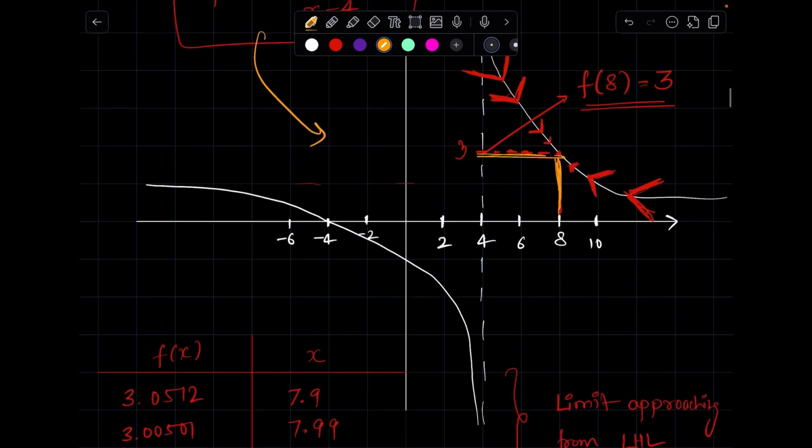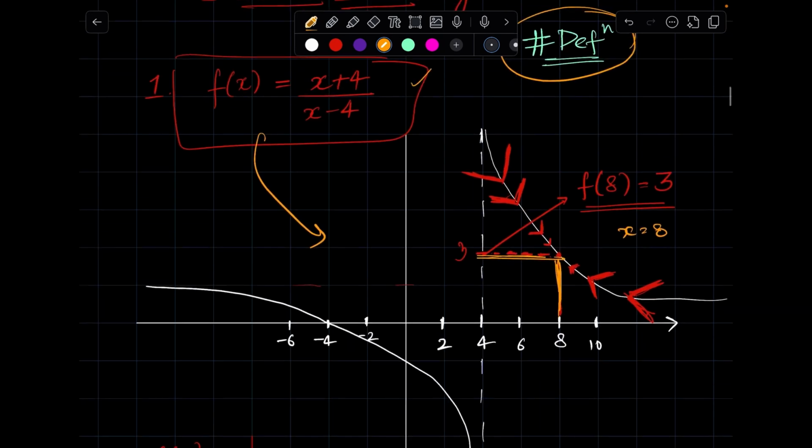First, let's take a point on the graph. Let's take x is equal to 8. So if you put 8 in f of x, we'll of course get 3. But let's say you couldn't input 8 into f of x and you needed to approximate it using different values, any values on the left hand side of x is equal to 8 or right hand side of x is equal to 8.